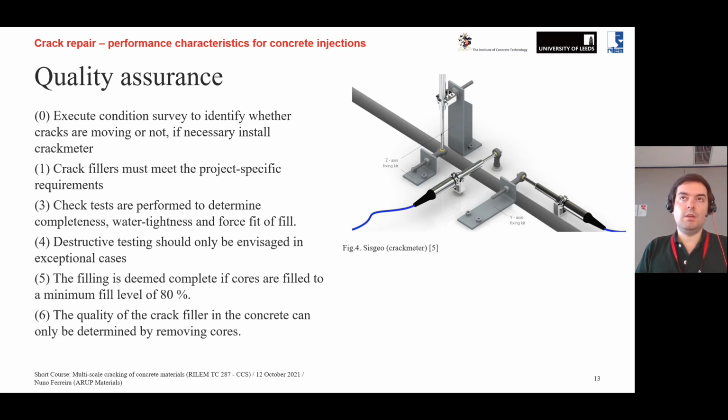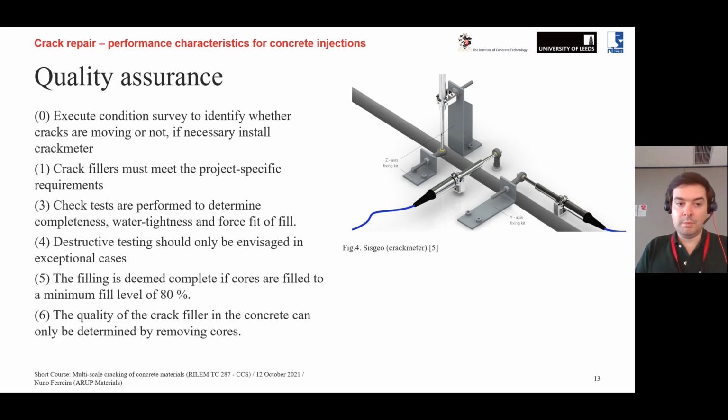If we use epoxies to inject moving cracks, we will be asking for trouble, because new cracks will form. Now, the market has several materials available, so you can always find ones to match your particular project-specific requirements.